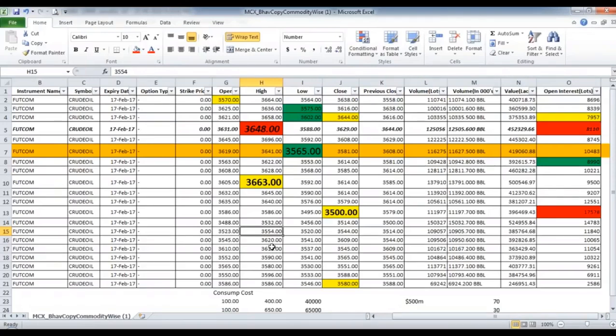On this day 36.20, so it went inside the support. When it went inside the support, it closed at around 36.09. Next day, do you see that it came back below 36.65 again?